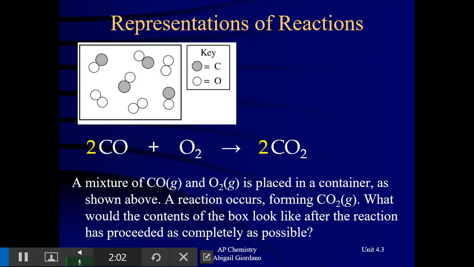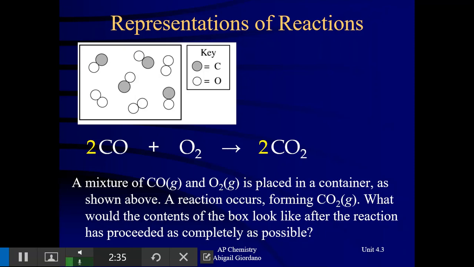Remember that coefficients are just telling you the ratios in which those reactants and products are going to interact with each other. So for every oxygen molecule, 2 carbon monoxide molecules are going to interact with it to form 2 carbon dioxide molecules.